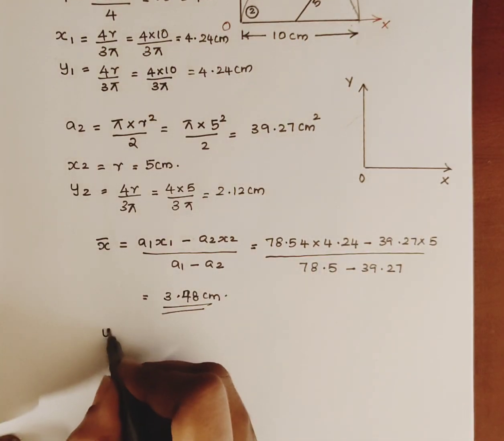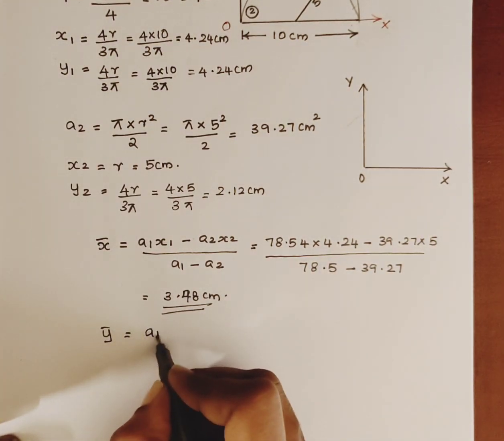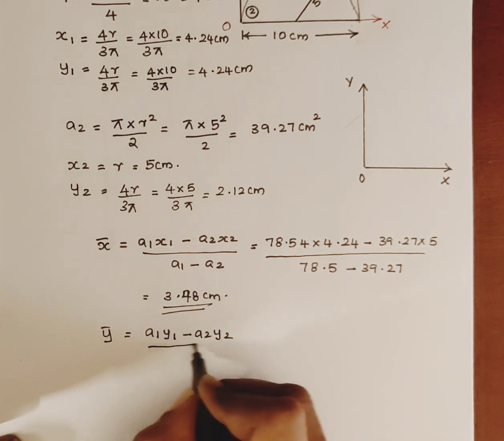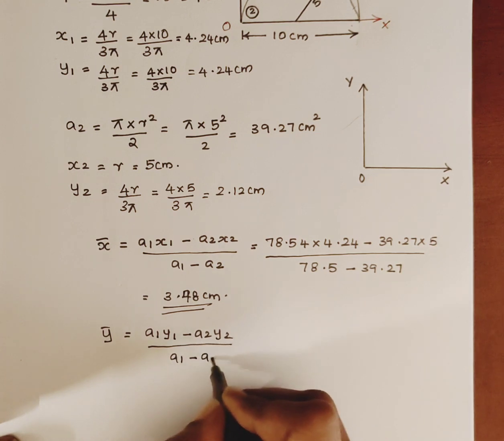So next the y coordinate. Y bar is equal to a1 y1 minus a2 y2 divided by a1 minus a2.